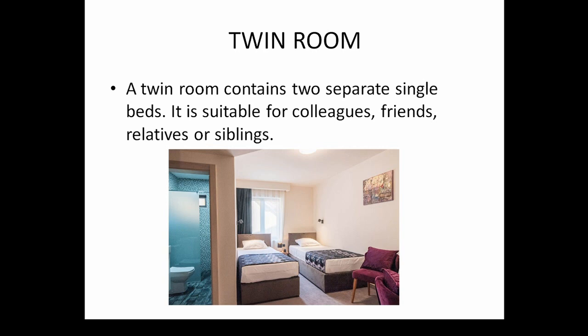A twin room with two separate single beds is suitable for colleagues, friends, relatives, or siblings. Siblings are two sisters, two brothers, a sister, and a brother. So actually, children in the same family.